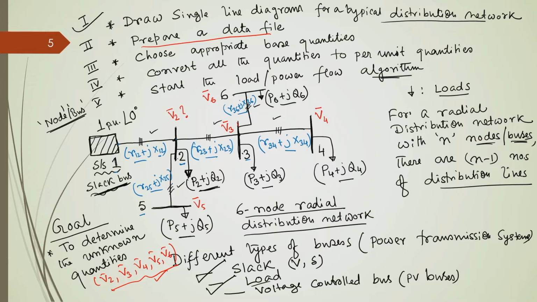We need to determine these voltages with the information of line parameters as well as the active and reactive power demand of the load buses. But apart from that, we also know the network topology, how this network is connected, by drawing the single line diagram. This is also important knowledge; without that we cannot go ahead.